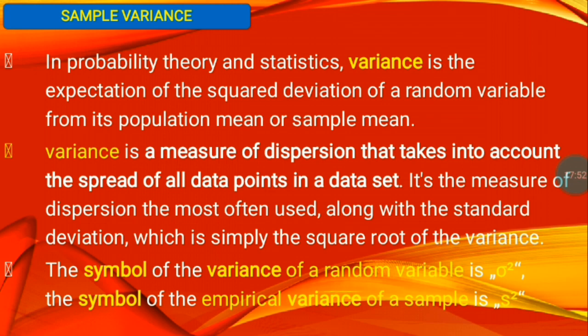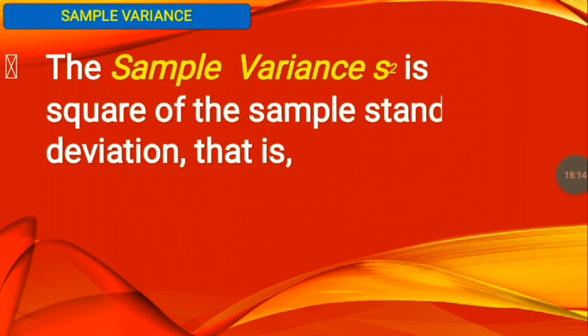It is the measure of dispersion most often used, along with the standard deviation, which is simply the square root of the variance. The symbol of the variance of a random variable is this one with a square. The symbol of the empirical variance of a sample is S squared. Now, the sample variance S squared is the square of the sample standard deviation.